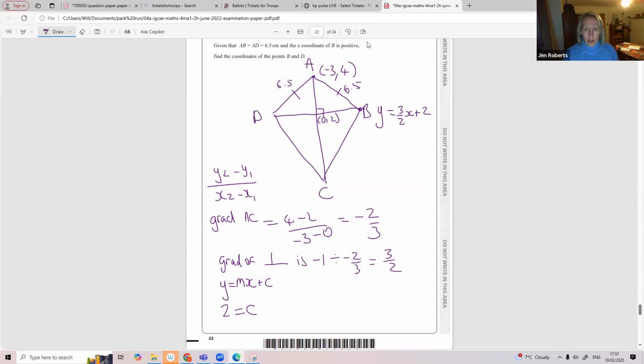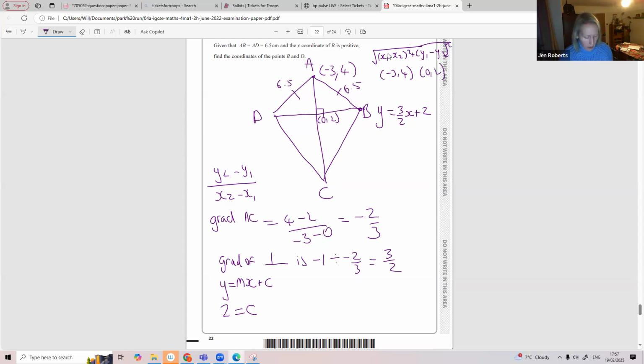So the length of the line is the square root of x1 minus x2 squared add y1 minus y2 squared. We did that with the coordinates -3, 4 and 0, 2.